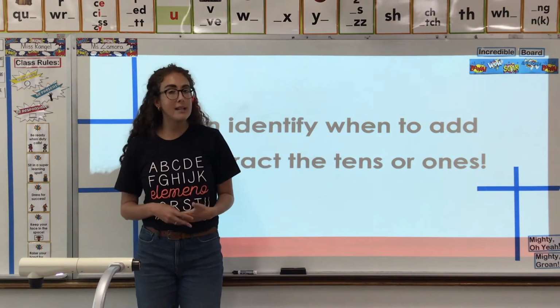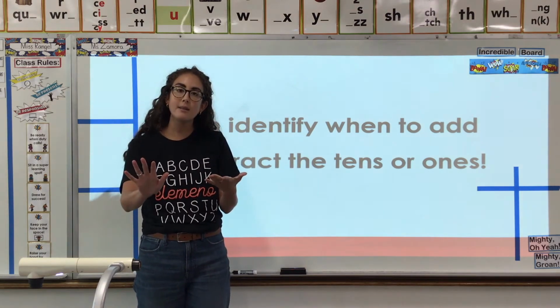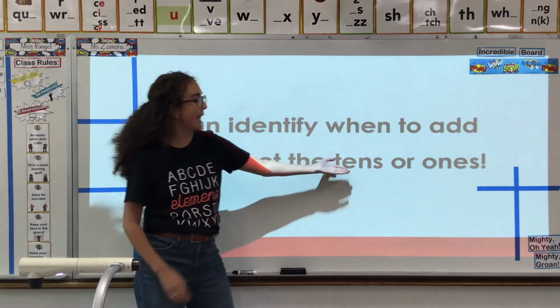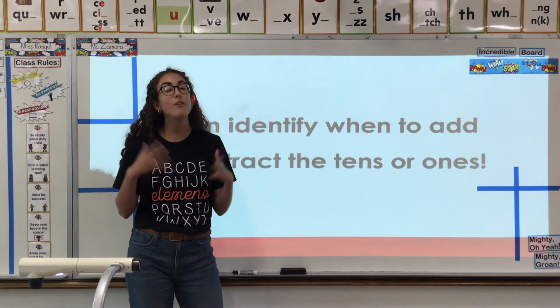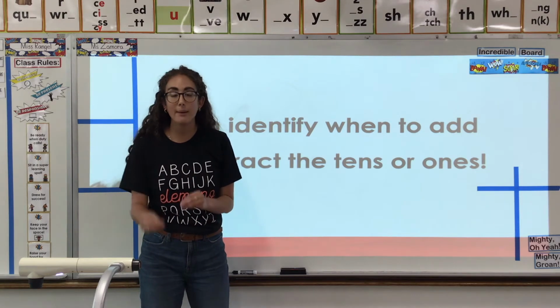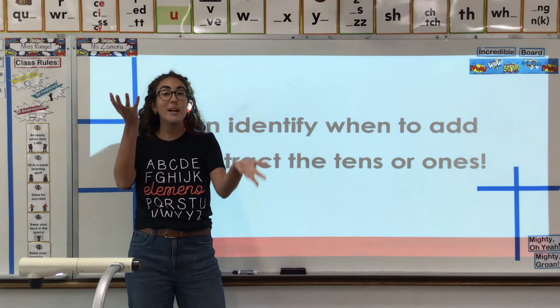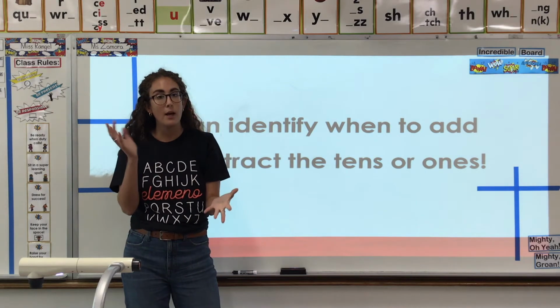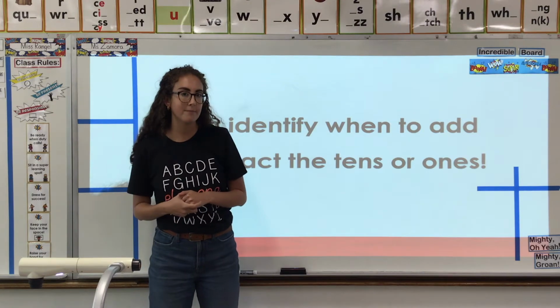There's going to be different times when we have to decide. After I read this sentence, am I going to work with my tens place or my ones place? By knowing the place value of the numbers in the addition sentences, we're going to have to tell the difference between working with our tens and working with our ones.